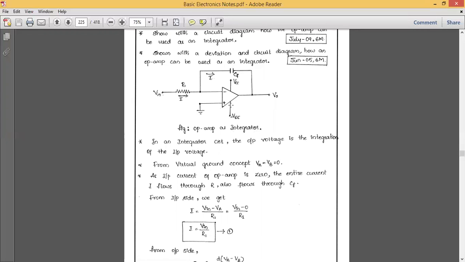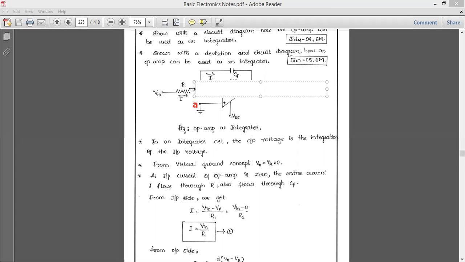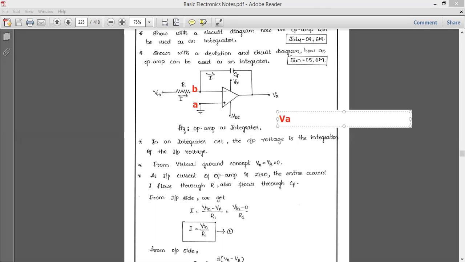As we know the concept of virtual ground, point A is equal to point B, and between point A and point B there exists a virtual ground. Therefore, as point A is connected to the non-inverting terminal of op-amp, the voltage VA is equal to 0 volt.